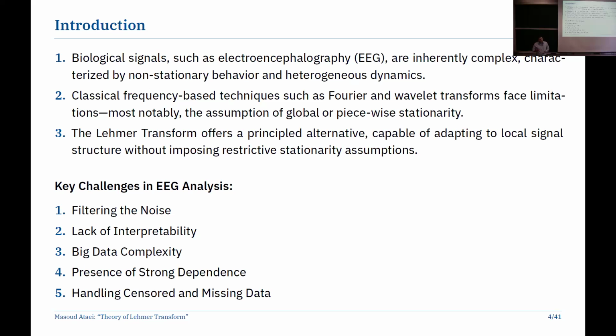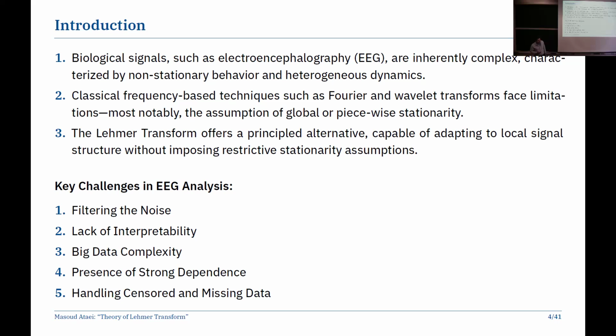Basically, the EEG signals change very rapidly over time, making their analysis difficult for classical methods which assume stationarity. The Fourier transform assumes global periodicity, which makes it less effective when it comes to transient signals. And the wavelet transform, even though it provides a more localized analysis, depends on predefined basis functions, which might not always align well with the true characteristics of the data.